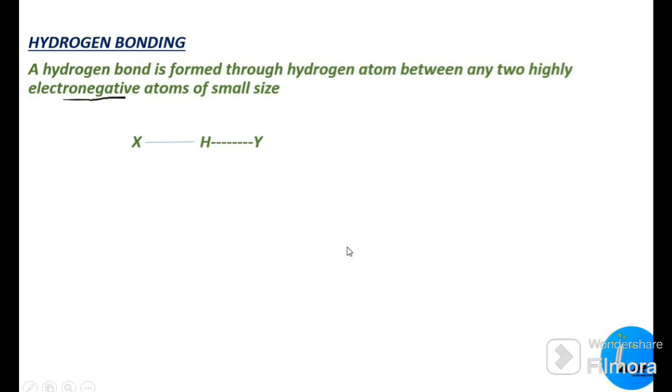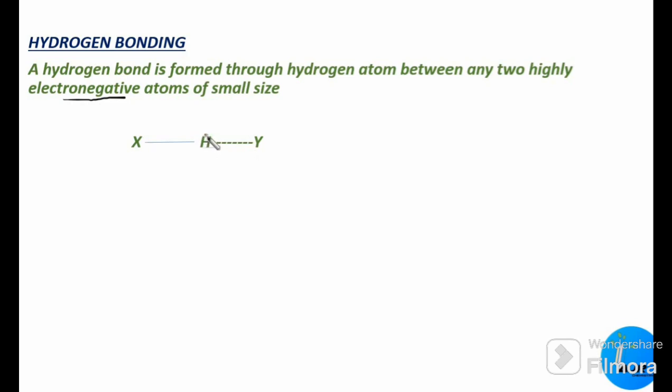Okay. See here, this is hydrogen bonding, and here X and Y are considered to be highly electronegative atoms. We could see this hydrogen in between these two highly electronegative atoms. In other words, when a hydrogen atom is covalently linked to a highly electronegative atom and is bridged to another highly electronegative atom, the bridge formed is known as a hydrogen bond.